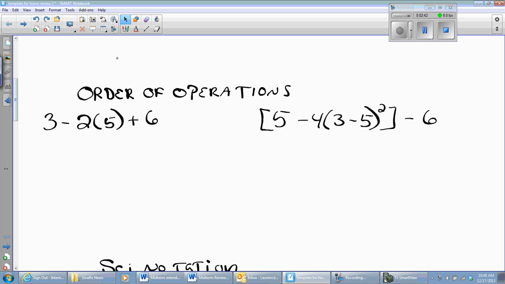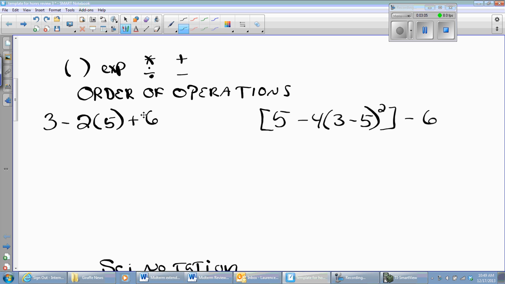Order of operations. Remember, we're going to do our parentheses first. Then we'll do our exponents. And then we'll take care of multiplication and division, going from left to right. Then we'll take care of addition and subtraction, going from left to right. So on this problem here, the first step, there's nothing to do inside the parentheses.